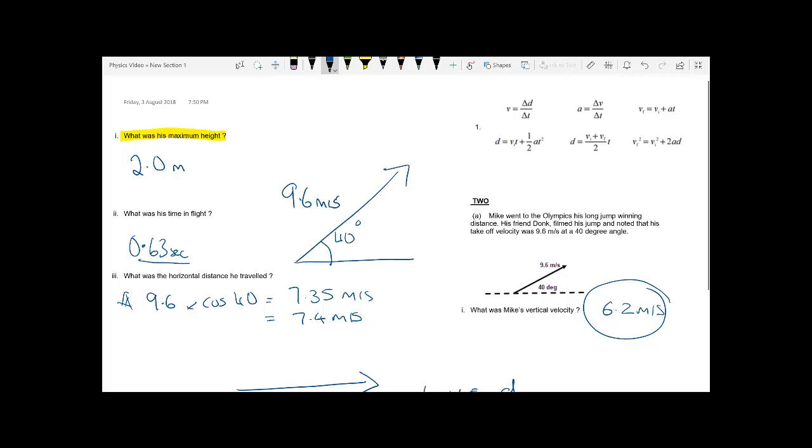So the horizontal velocity is what we've calculated there, and that's going to stay the same if we ignore air resistance, and we get 7.4. So it's just 7.4 times 0.63, and that's 4.662 meters, which to 2 significant figures would be 4.7 meters. And that is your final answer, and that's that.